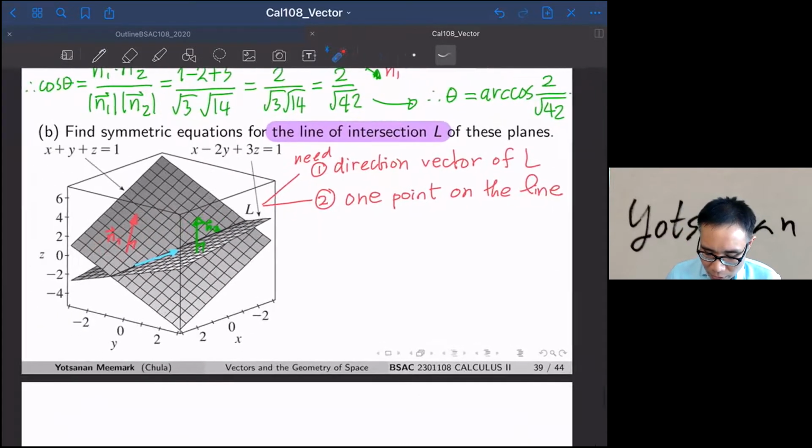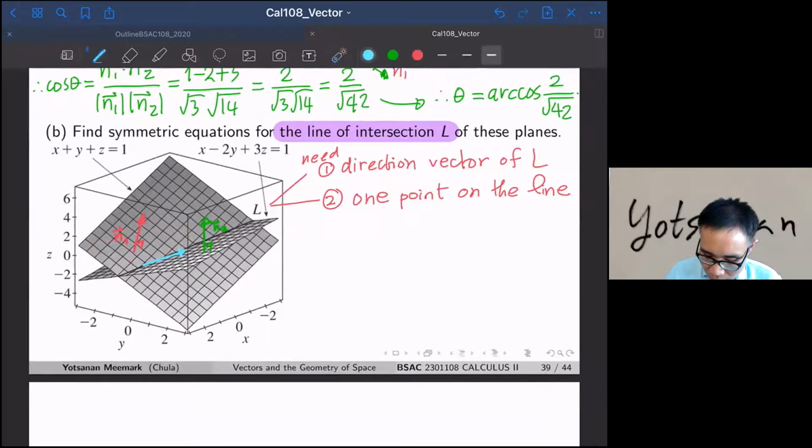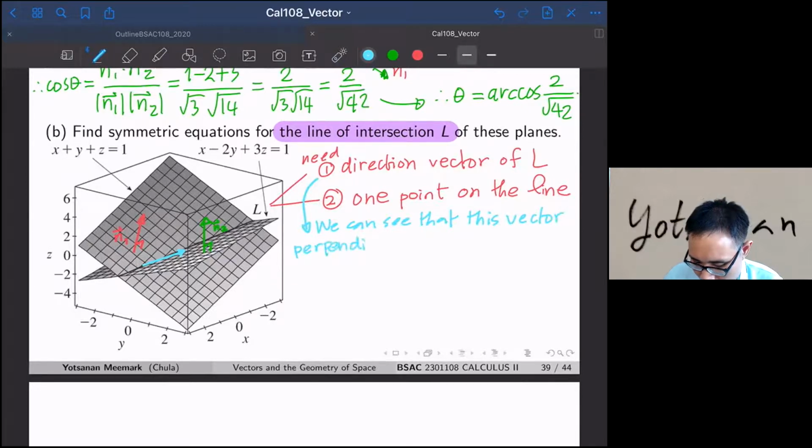So it's going to be the direction vector. So we can see that this vector is perpendicular to both n1 and n2.